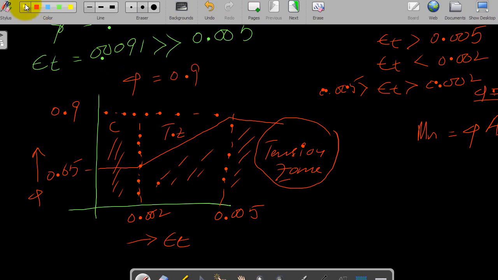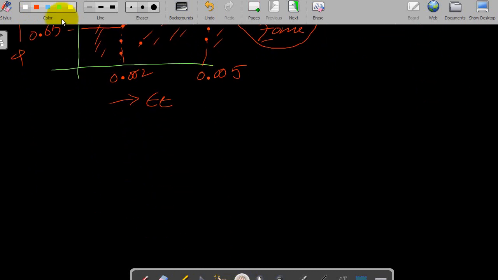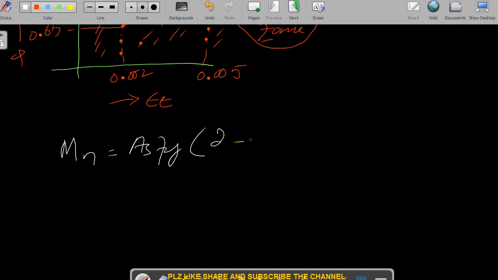Now we are able to find the value of Mn. Mn equals As fy times d minus a over 2. Here you get the value of Mn, that is 410 kip-feet.